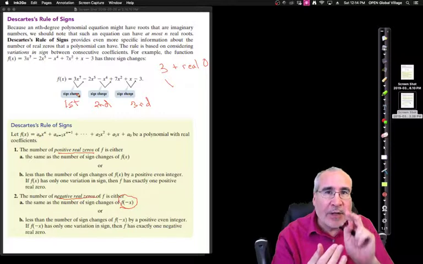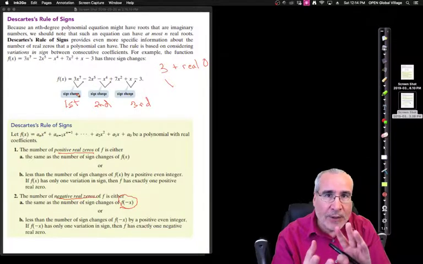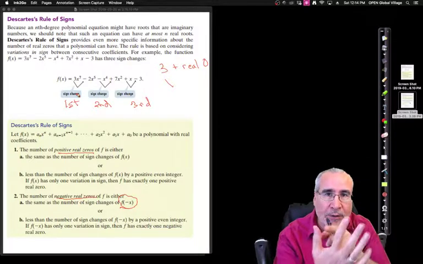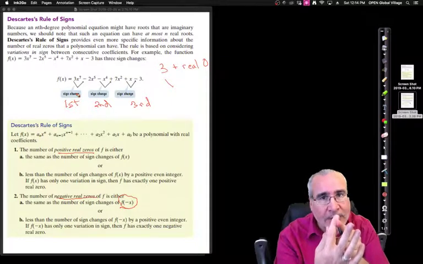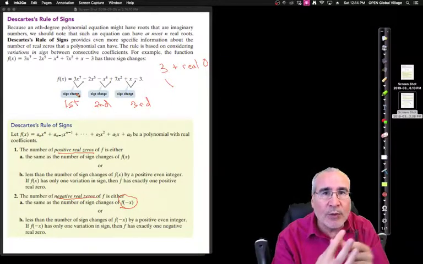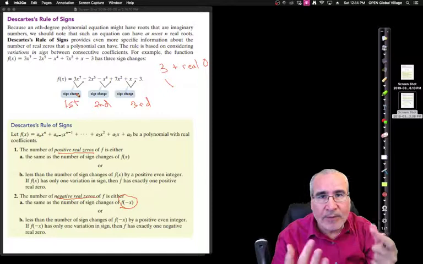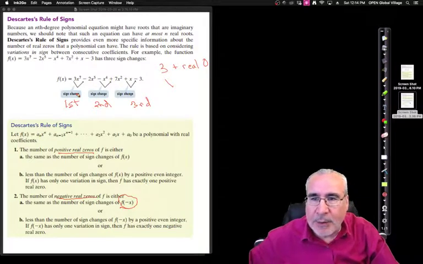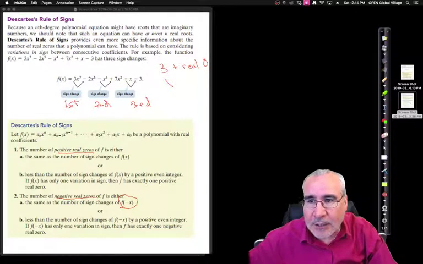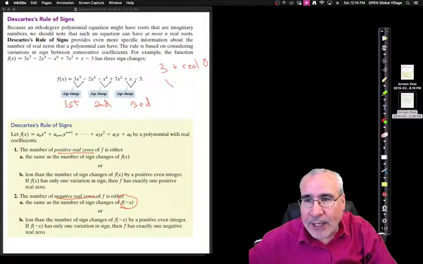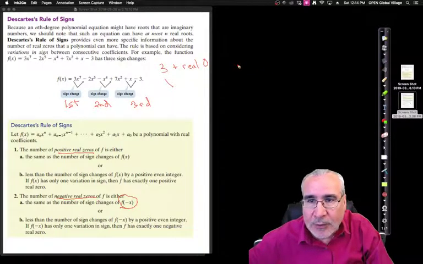If you have an even exponent, you get a negative times a negative. That's positive. Positives do not create sign changes. So let's take a quick look at this particular example, and then we'll see how many potential negative zeros there are. So what we're going to plug in is f of minus x.